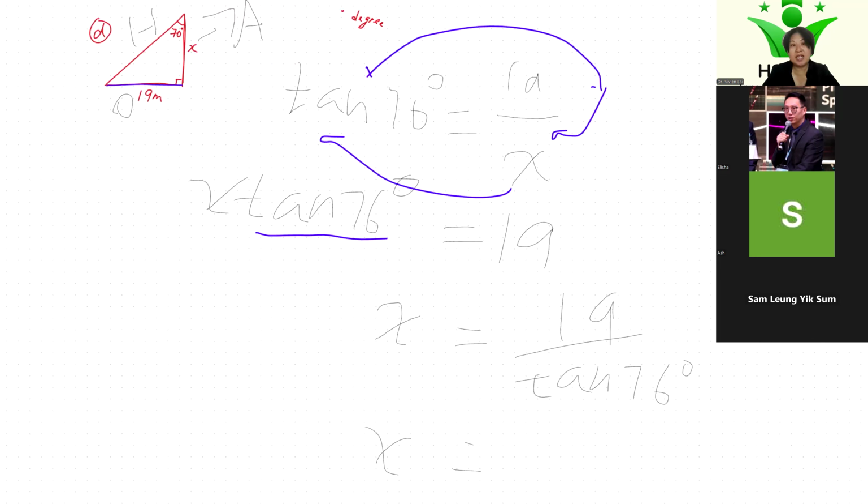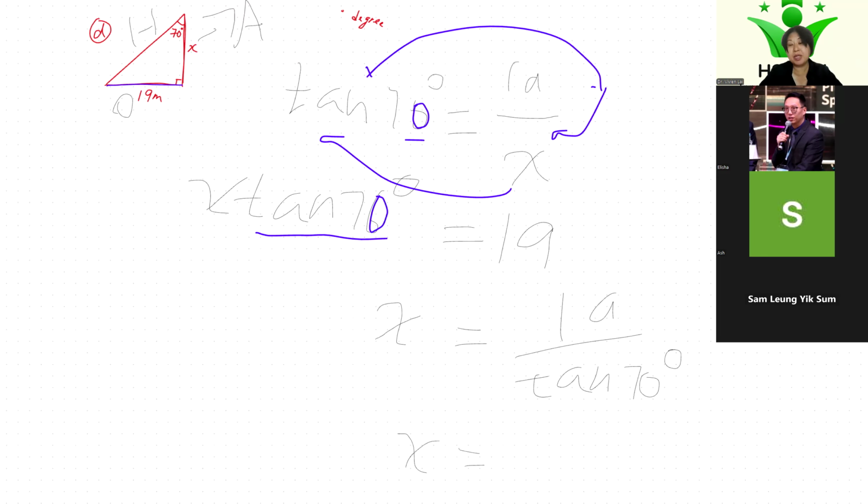Round your answer to 1 dp, 1 decimal place. 19 divided by tangent 70, not 76, 70. You see, it was due to your writing, okay? So you actually have tangent 70, so we must write it here. So press it, 6.9, very good.